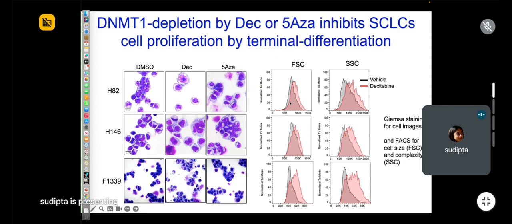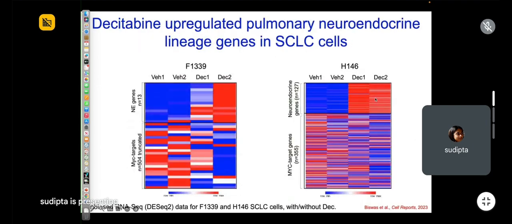When it shifts from left to right, that means it has increased. And you can see that decitabine, the drug I am talking about, is inhibiting cell growth by depleting DNMT1. It indeed is going for differentiation.